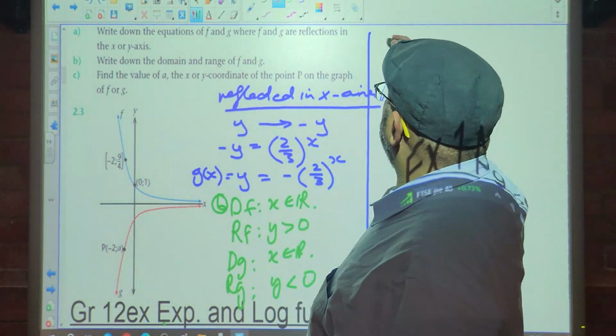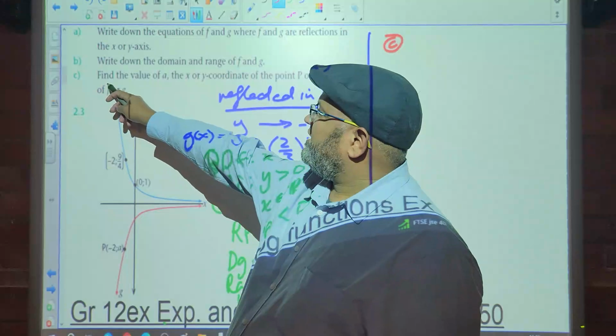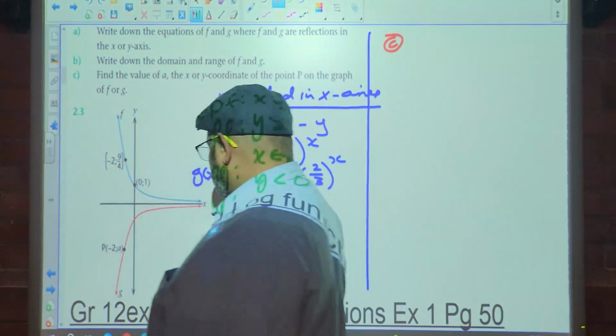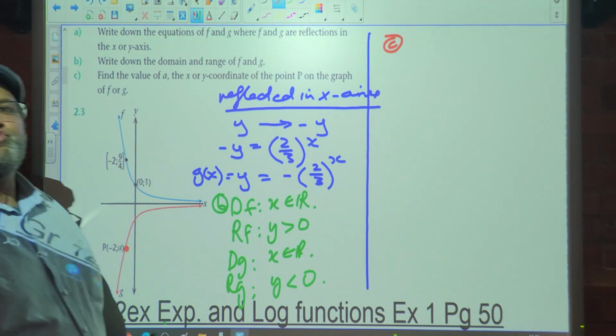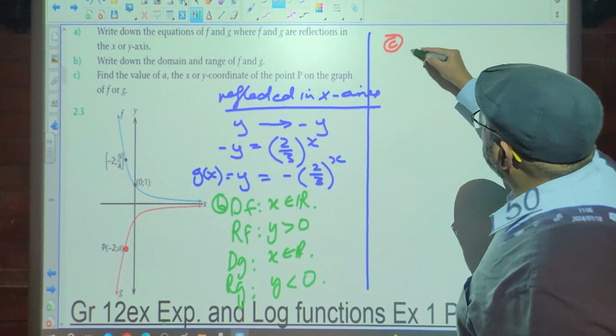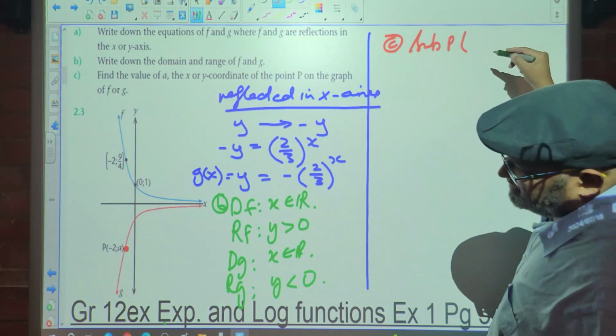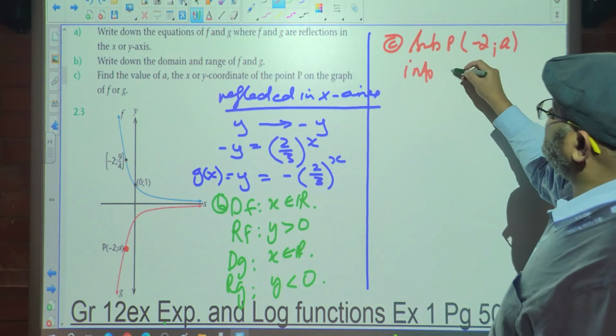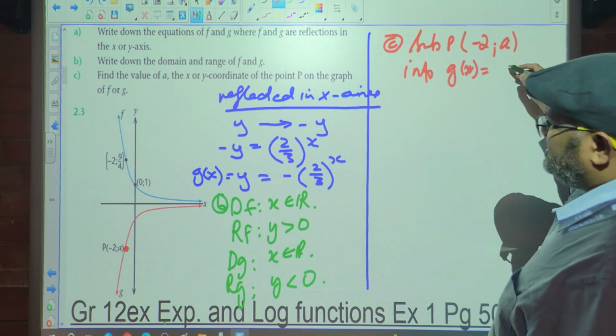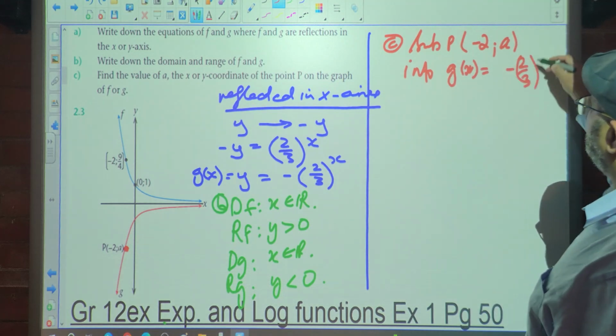Next, C. The question says, find the value of a. Where's a? a is lying on the graph of g, so I can only use g. So I'm going to substitute p, which is negative 2 and a, into g of x. And g of x is negative 2/3 raised to x.